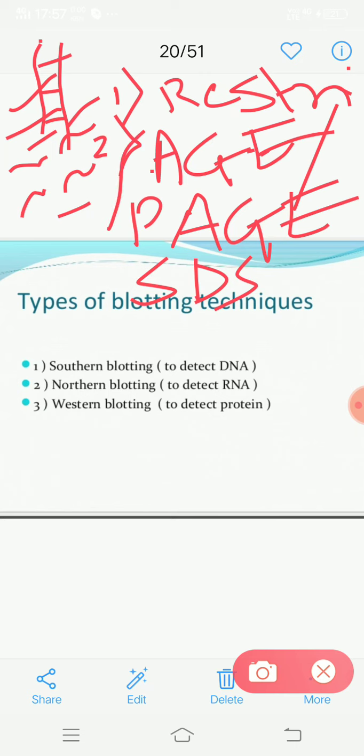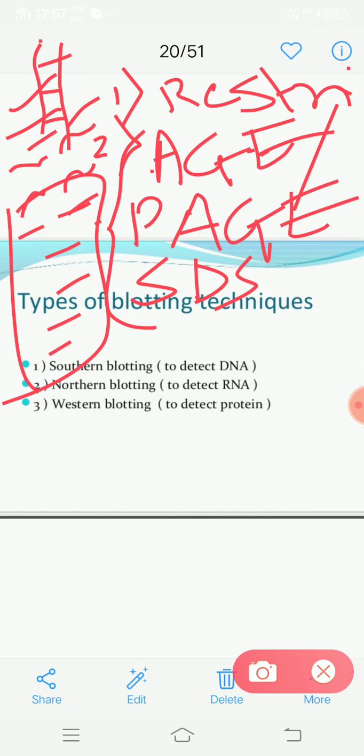By using these electrophoresis techniques you can separate the fragments of the DNA on the gel according to their molecular weight.